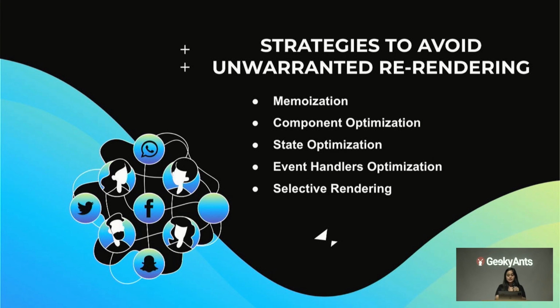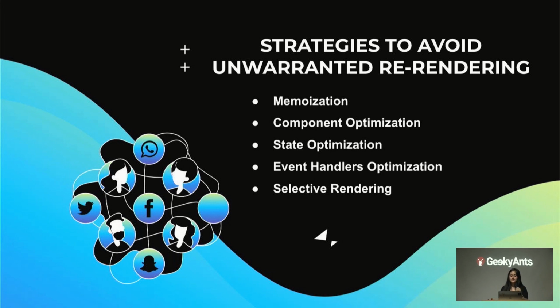Next up is component optimization. Now, component optimization means utilizing pure components or HOCs, that is higher order components, to prevent the re-renders unless the component's props have been changed, right?